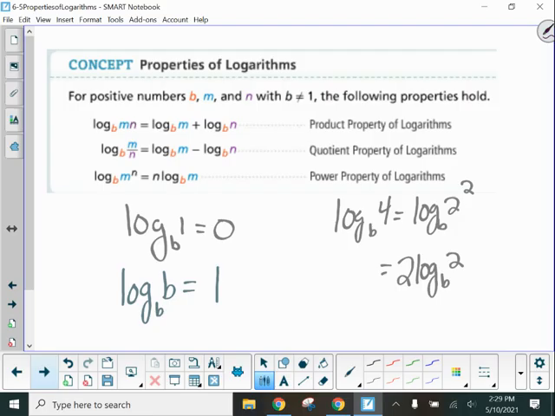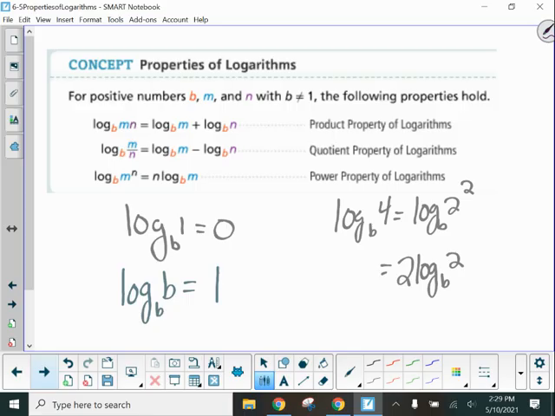So that brings us to our concept, which has some of the different properties of logarithms that we're going to be using. You can see here the product property. This is when the argument of a logarithm is some type of product, you can separate that out into adding the logarithm of each part of that product.